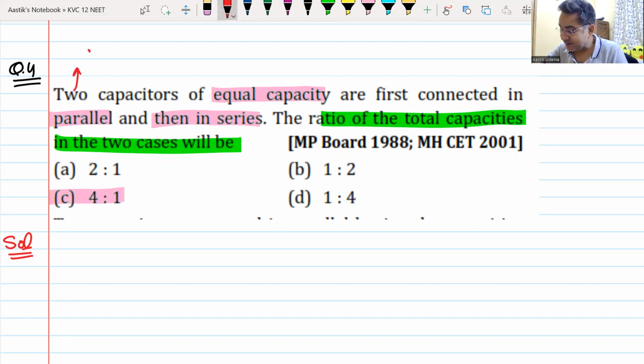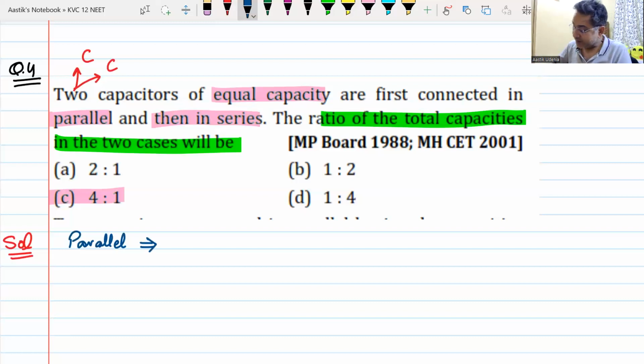Let me call the capacitance C and C. When they are connected in parallel, the capacitance becomes C plus C, that is 2C. When equal capacitors are connected in series, the capacitance becomes C by N. So it becomes C by 2.